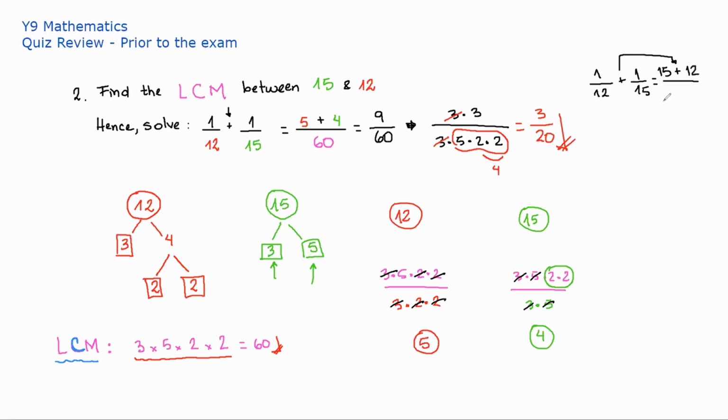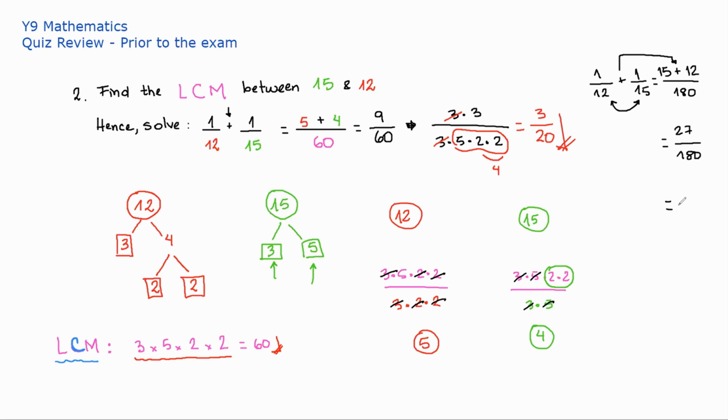And then you have to put the answer of 12 times 15, because it's a smiley. Remember, it's a smiley here at the bottom. So it would be 180. The answer for this is 27 over 180. And this is how we do it without using the least common multiple.